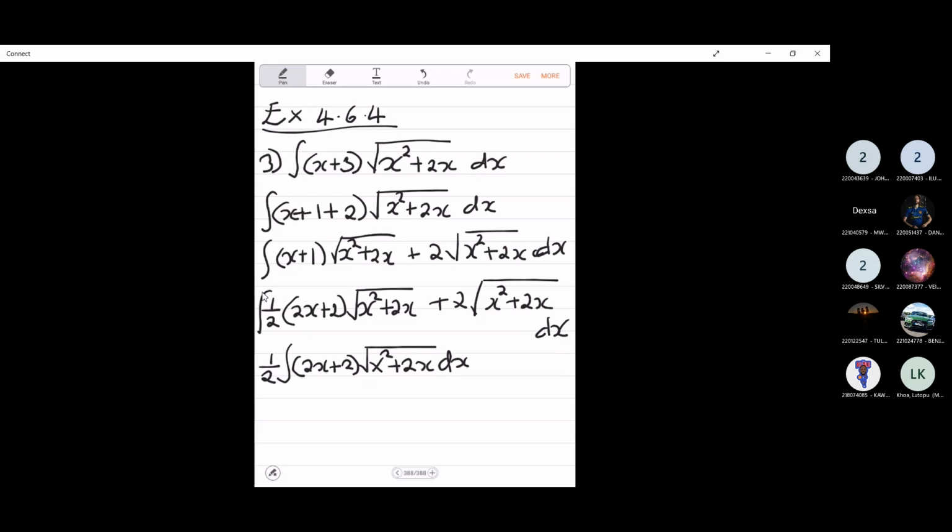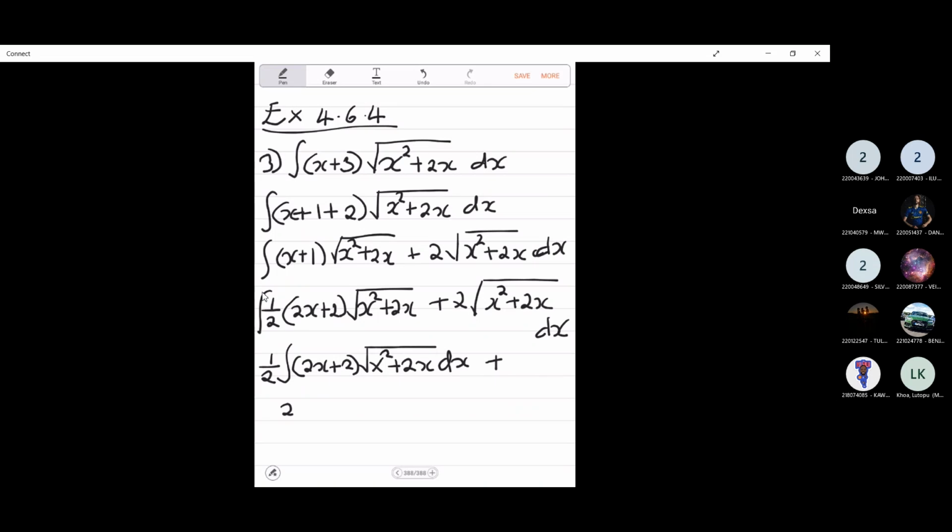That's my first question, or the way I'm splitting it. And then the second one is 2 times the integral of, here we need to complete the square, so I have x plus 1 squared rather, and then I have minus 1 outside, dx.